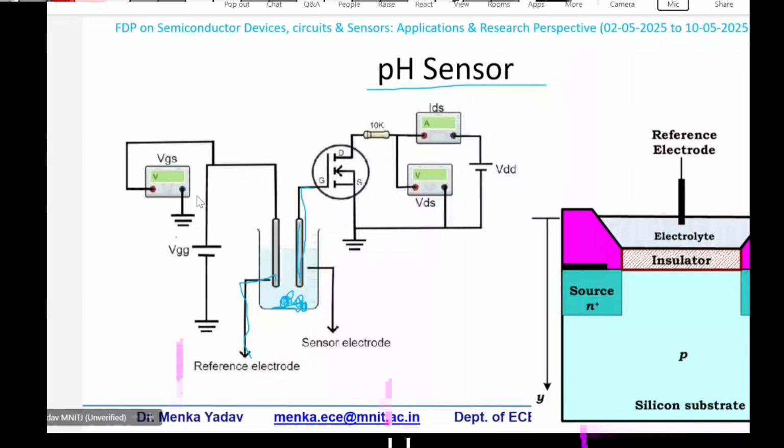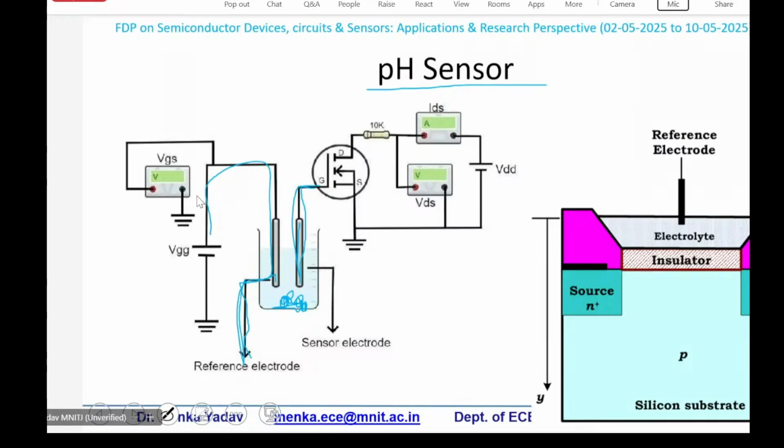This is the reference electrode, and it is getting connected to this VG reference. And this is the electrode which is connected to the device.